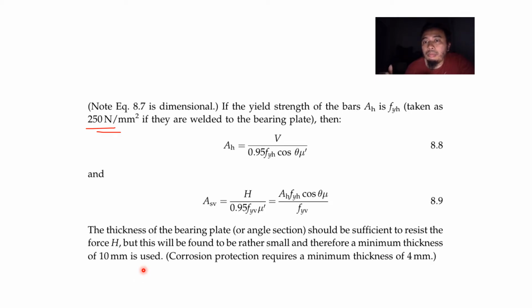Like if you see a plate, 10 mm is enough. And based on the standards, corrosion protection requires a minimum thickness of 4 mm, so use that to satisfy corrosion protection and also the horizontal friction forces.